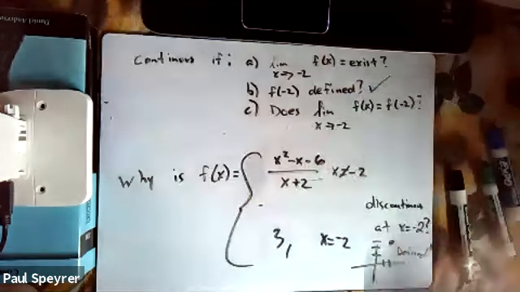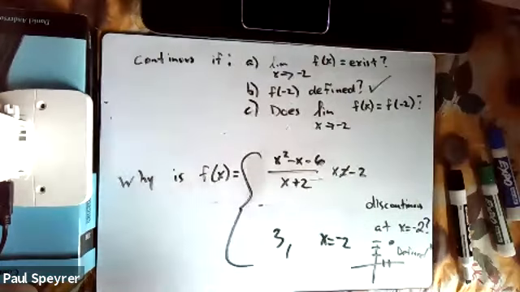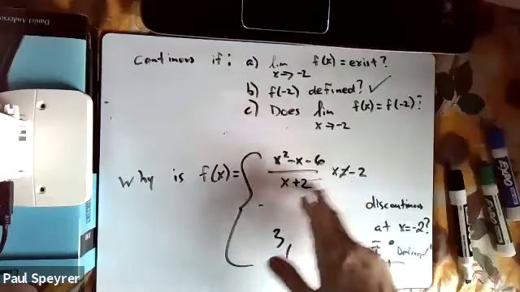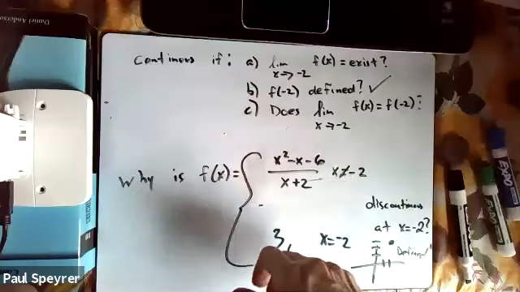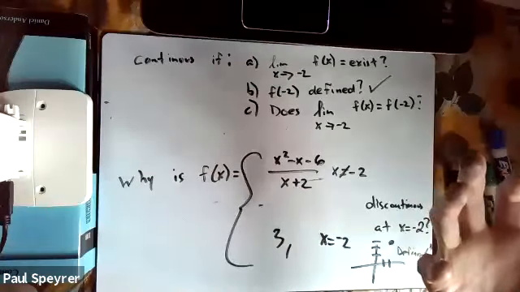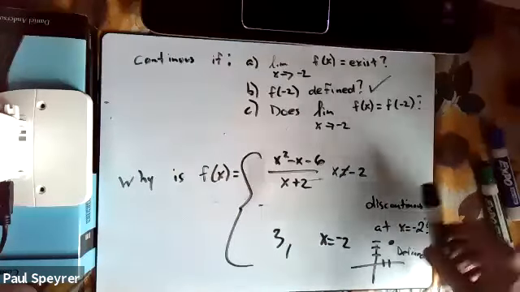So now, how about part A? It says continuous if the limit as x approaches -2 exists. So that means we're looking at this equation right here, because again, we have to examine the limit of this thing. Does it exist right there? So how do we go about doing that?